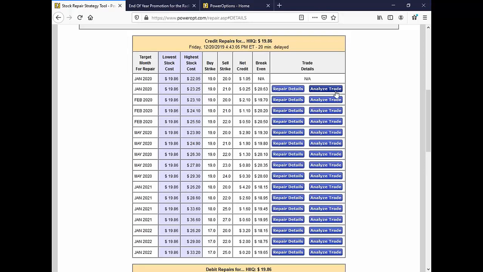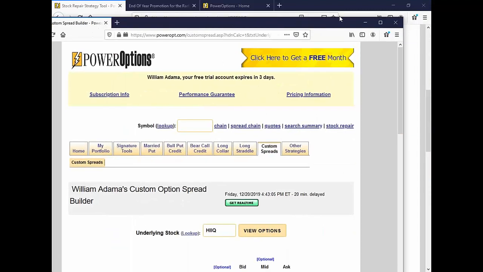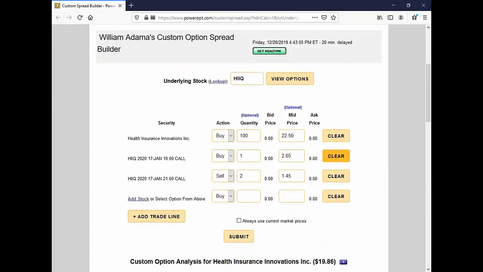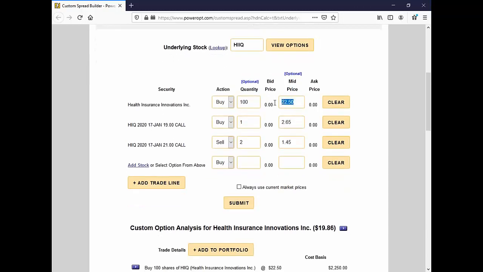Better to see it graphically. Let's take our example, click on Analyze Trade here, and that'll take us back to the profit and loss chart we were just looking at a moment ago for Paul's question. There's my stock price, now trading at 19.86. Buying at 2.65 for January, selling two January 21 calls for $1.45, so we take in 2.90.